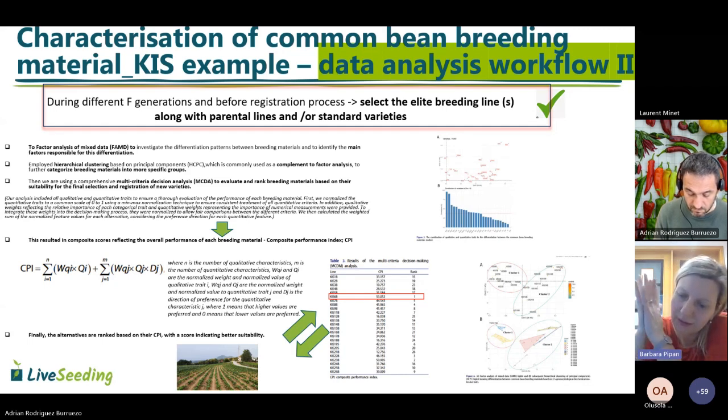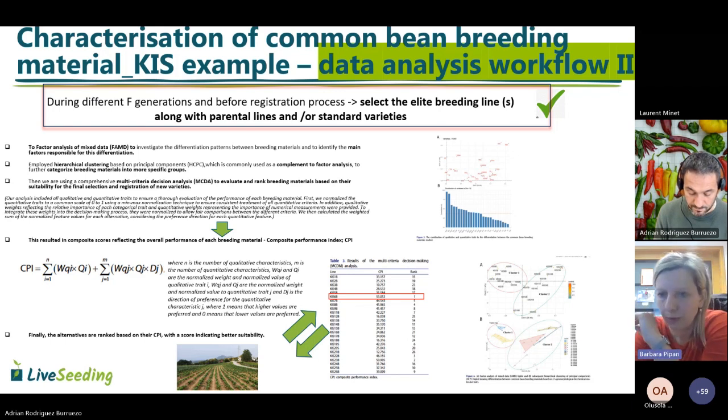So to get this index, it's very important before that, as I mentioned, that we rank the traits of interest according to the importance of those traits. So if I say that the most important is yield per plant, I will rank this as 1.